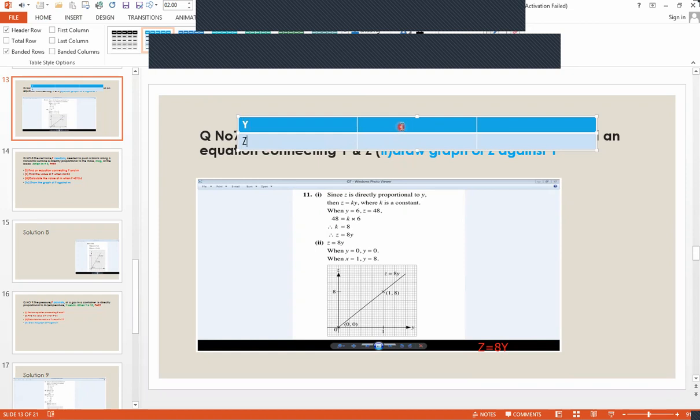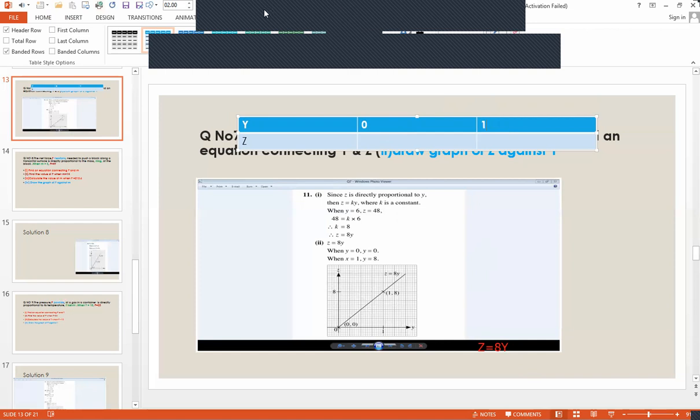Firstly, we can take the value for y is equal to 0, and then we take the value 1. Then we come to the second part, and we have to find the value of z. How we have to find it, I will tell you.